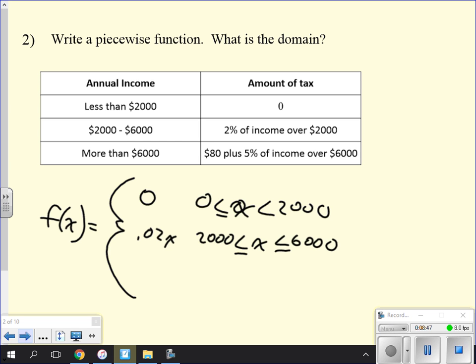What's the IRS going to do? They're going to make me pay. Because they said, hey, you make less than 2,000, you're here. You make $1,999.99, you pay one thing, although they do make you round up everything nowadays. But at that point, you do have to make a decision. Here, I would make the decision that 2,000 is included.